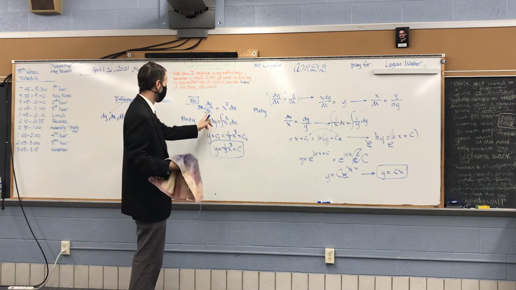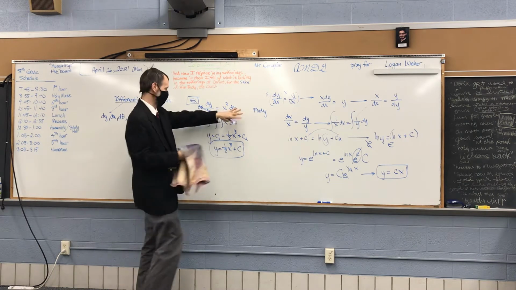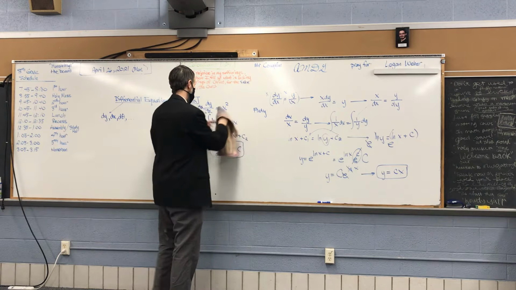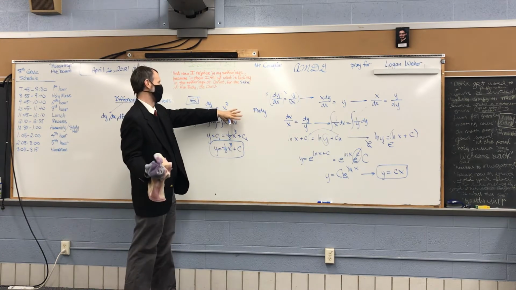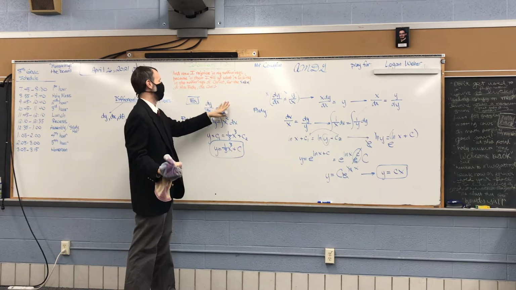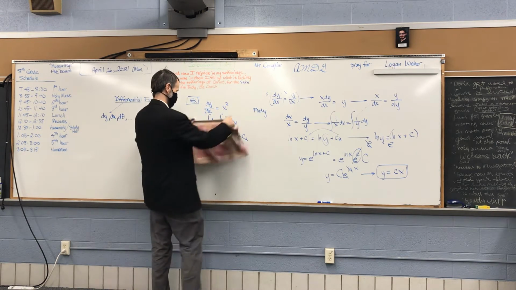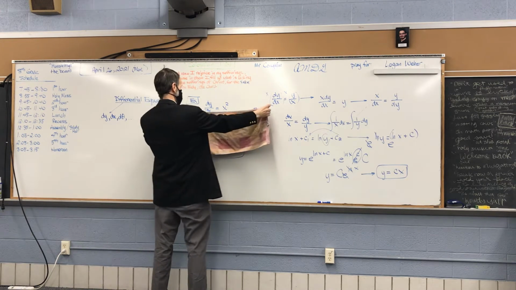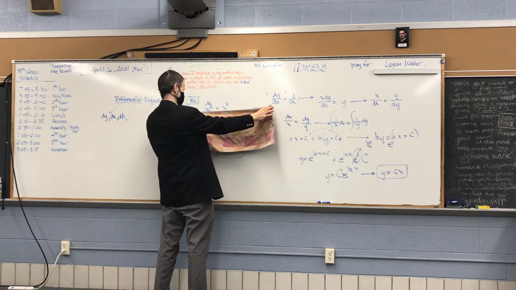For example, the original problem was dy over dx equals x squared. Now that's actually something we've seen before. Technically, in order to take the antiderivative, I want to find y. Let me just cover this up so you don't see the rest of it just yet. In order to find y, I have to get rid of the d in front of the y.